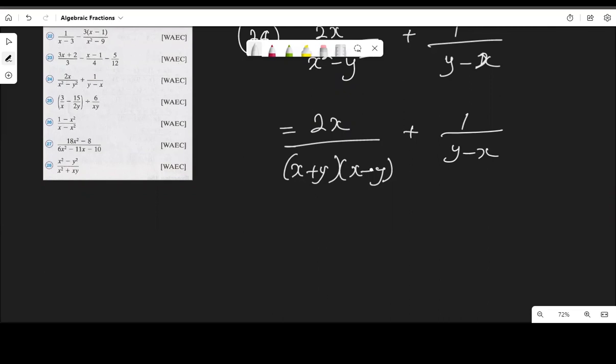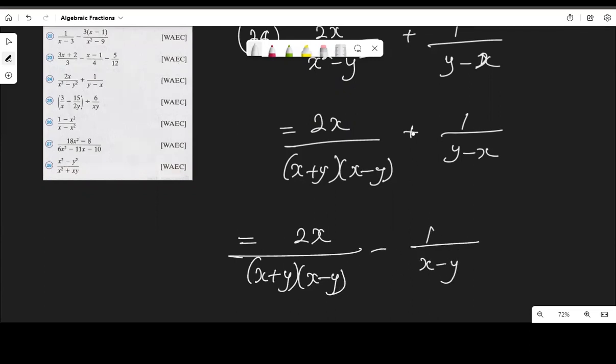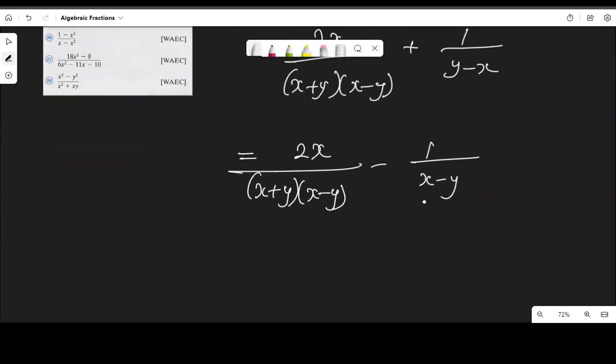As is, instead of having y minus x, I want it to be x minus y. And for me to do that, I will need to multiply this by negative 1. So if I multiply this by negative 1, my expression becomes 2x over x plus y and x minus y minus 1 over x minus y. The plus changed to minus because I reversed the order of this second expression there. The LCM of this and this is x plus y and x minus y.